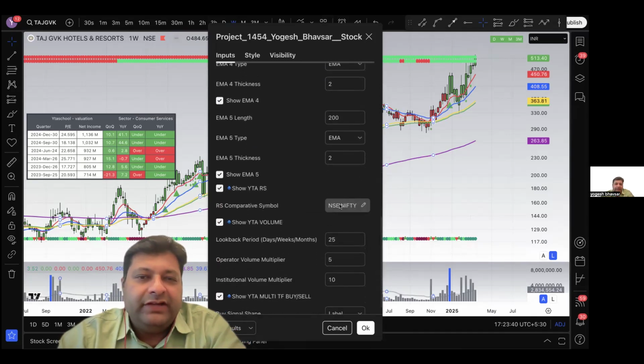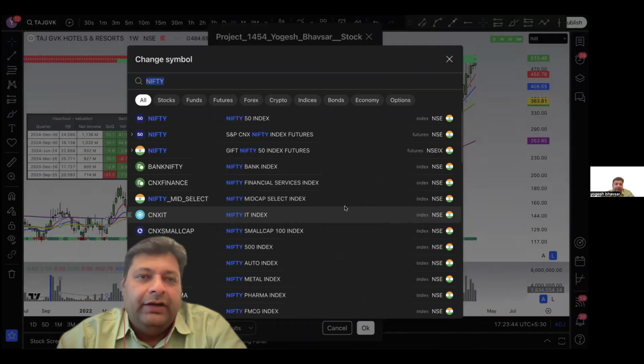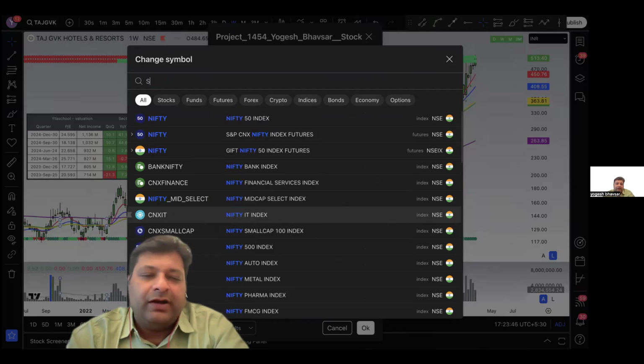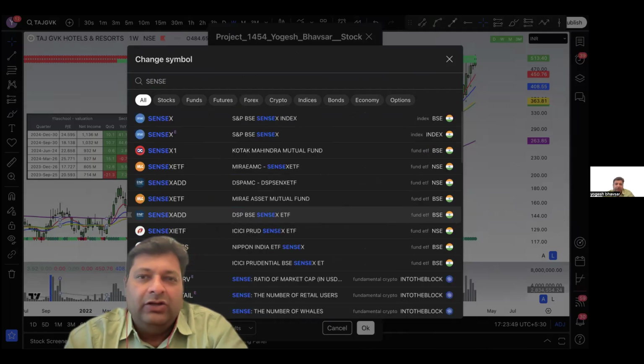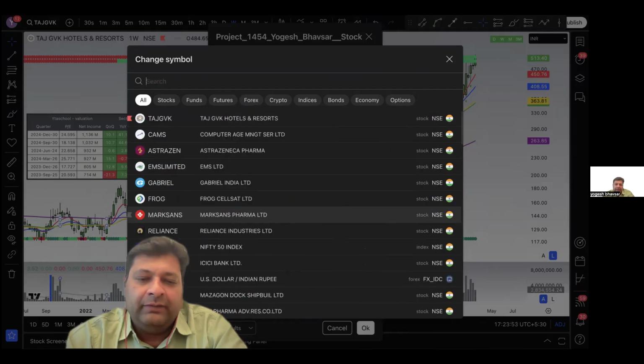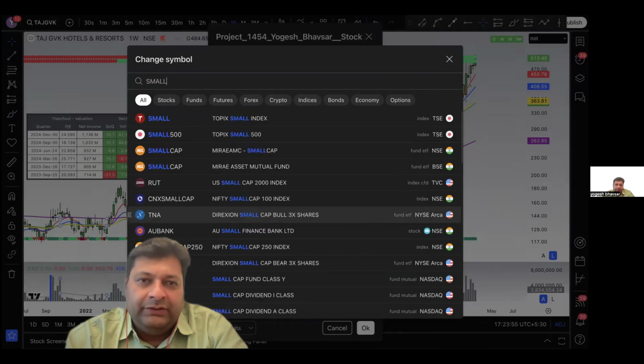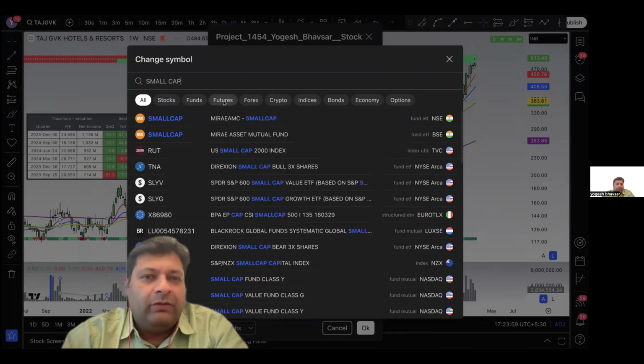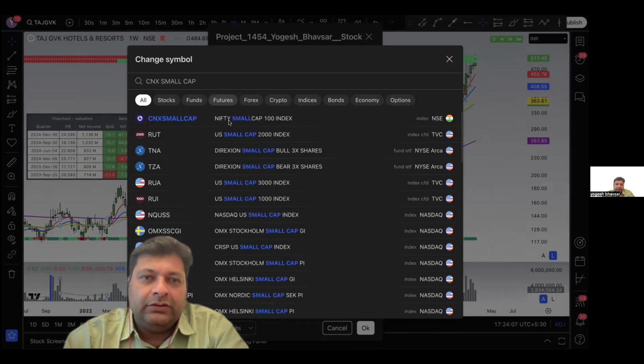Over here, you will see my relative strength. The benchmark is Nifty. Now over here, you can use the benchmark as Sensex if you like, or S&P, or you can use something like small cap as your benchmark. It all depends upon you. So if you want to use small cap, you can use CNX Nifty Small Cap 100.